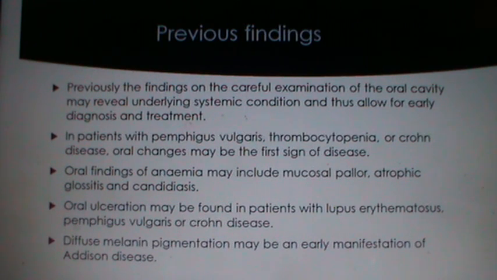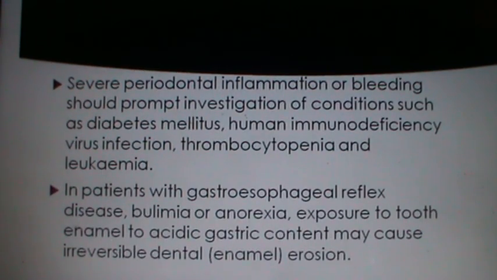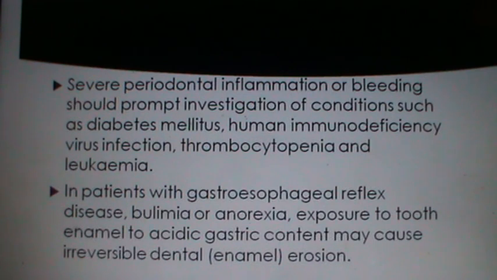So these are some of the oral manifestations present in the oral cavity because of systemic diseases. Severe periodontal inflammation or bleeding should prompt investigation of conditions such as diabetes mellitus, human immunodeficiency virus infection, thrombocytopenia, and leukemia.